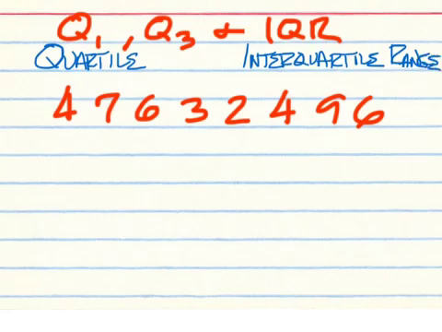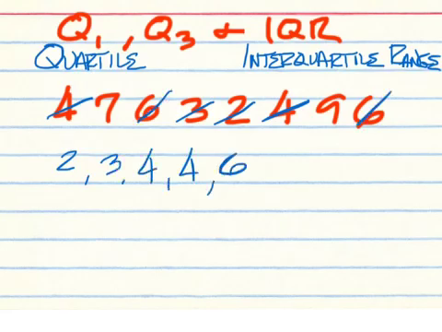So you must put these in order from least to greatest to start with. So it's going to be 2, 3, and then a pair of 4s. And then 6, 6, 7, and 9.